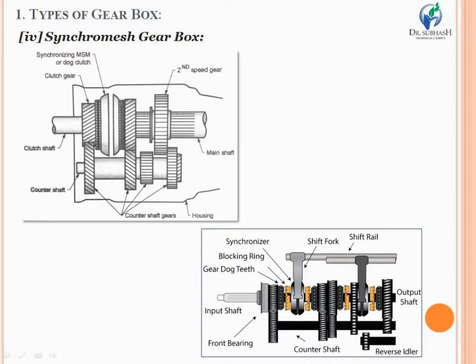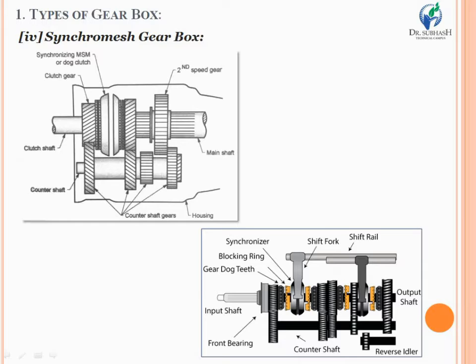Look at the screen, number 4, the synchronous type of gearbox. This type of gearbox finds its application in modern vehicles, and a specific feature of it is that in place of a straight line gear, that means a spur gear, a synchronous gearbox uses helical gears.